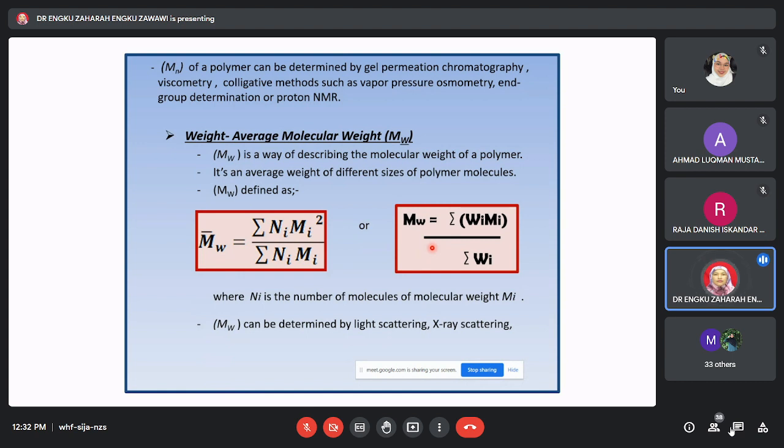Okay, and then kita ada dan juga kita ada molecular weight of that species iaitu M1, M2, M3. So kita akan buat dia sebagai average molecular weight is the summation of the Wi, Mi, okay, bahagi dengan summation of Wi.